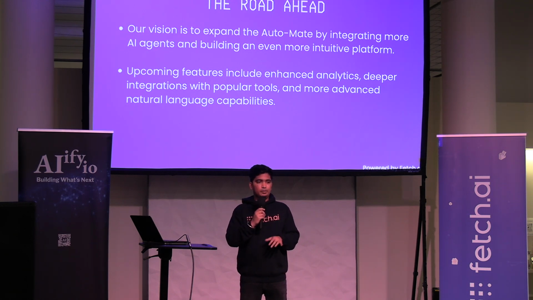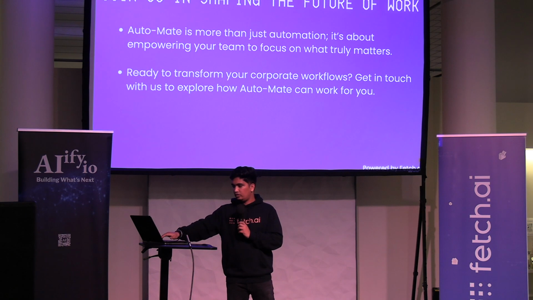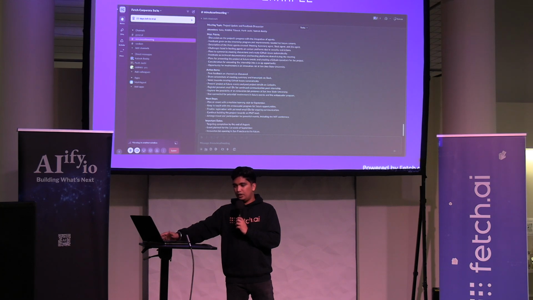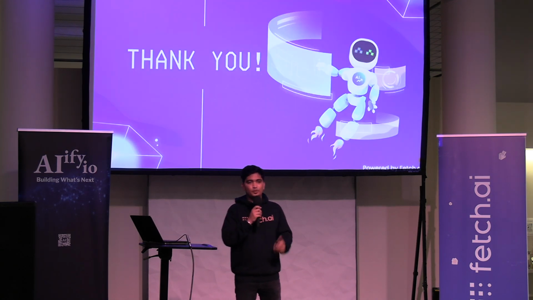Agentverse is a platform by Fetch.ai that allows you to host your agents so that everyone can use them, and all the AI agents are discoverable all over the world. Here are some examples that we created, the Slack example and the Jira example, where the tickets are automatically created. Yeah, so that's it. Thank you so much.